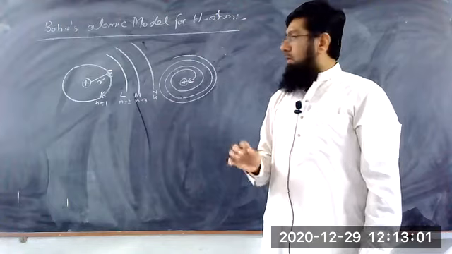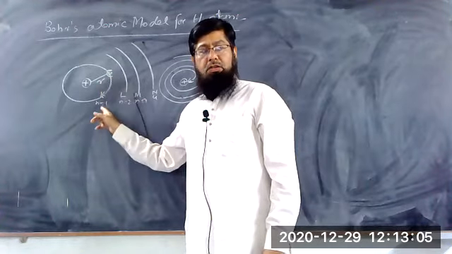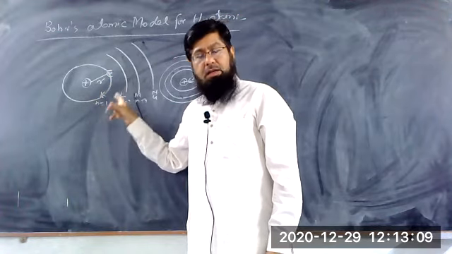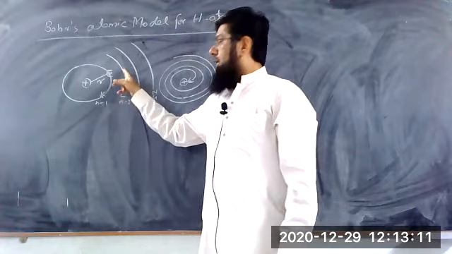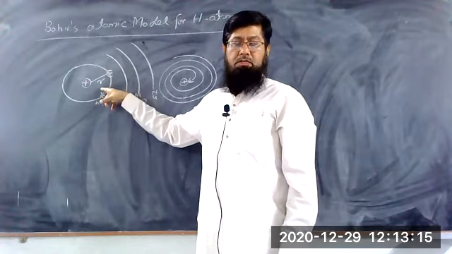Now we believe the theory that as long as the electron revolves, it does not radiate energy. It will only radiate energy when the electron de-excites from a higher level to a lower level.